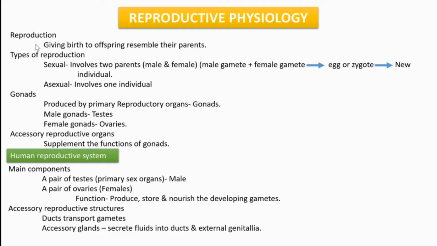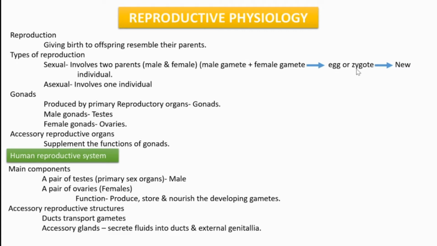And this reproduction is of two types, sexual and asexual. Sexual involves two parents, that may be male and female. As a result, the union of male gamete with female gamete happens and results in the formation of an egg or zygote.